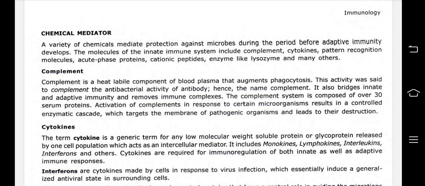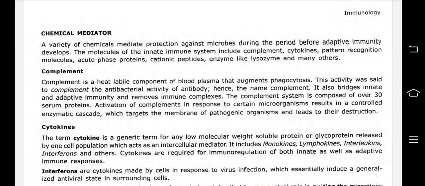Complement is a heat labile component of blood plasma that augments phagocytosis. This activity was said to complement the antibacterial activity of antibody, hence the name complement.